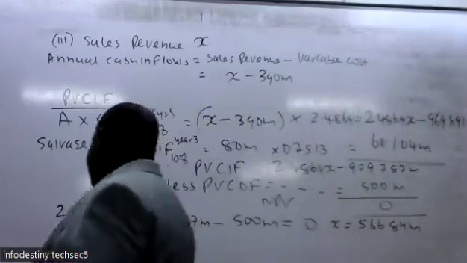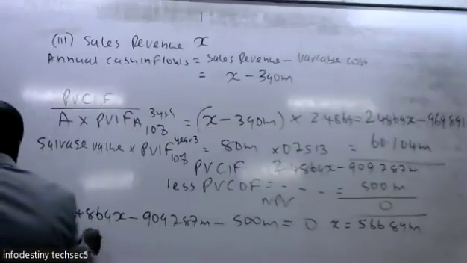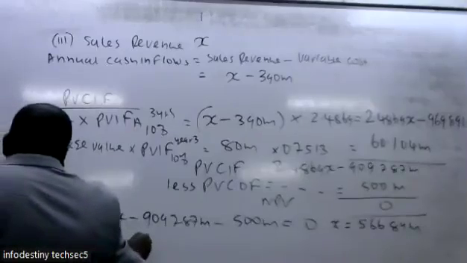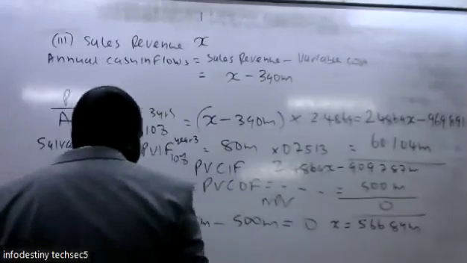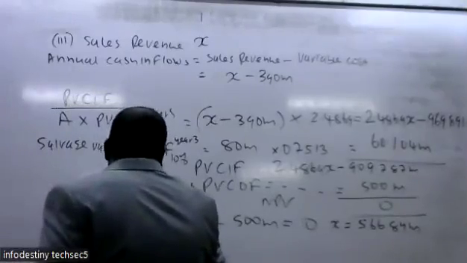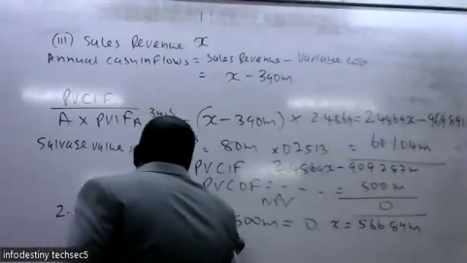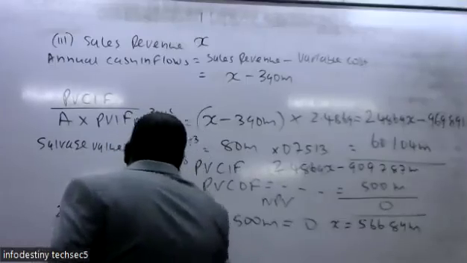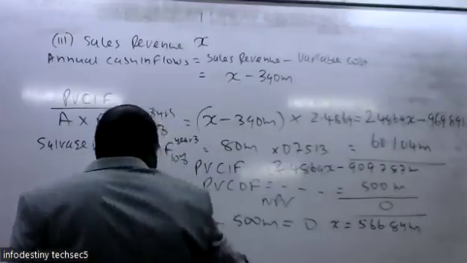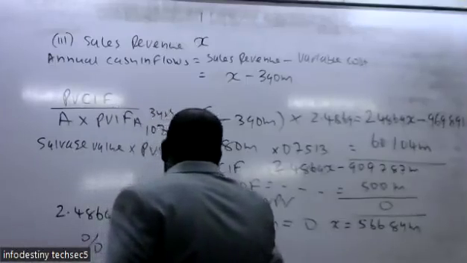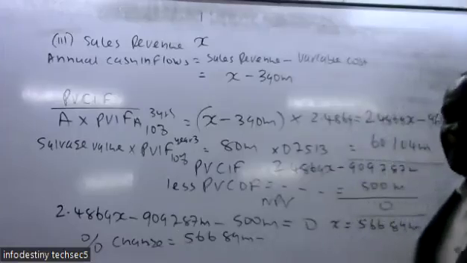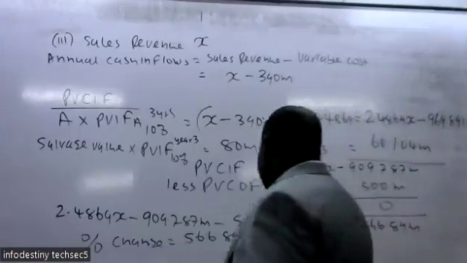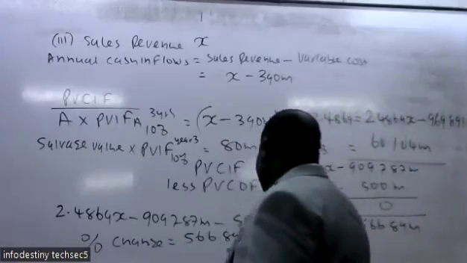So percentage change. Percentage change will now be 566.89 minus, initially it was which figure? 600. They have given you 600 millions.